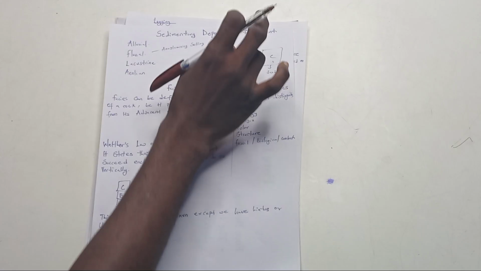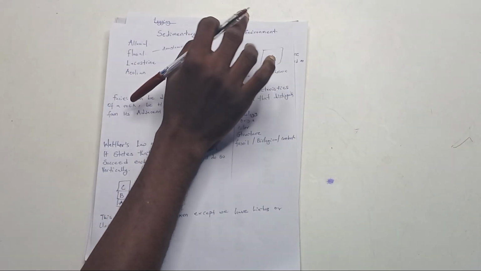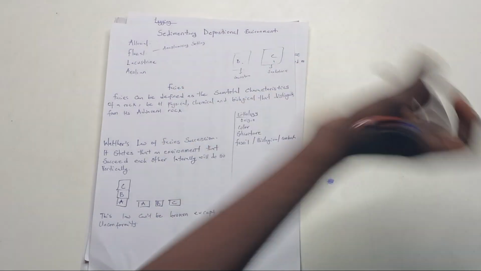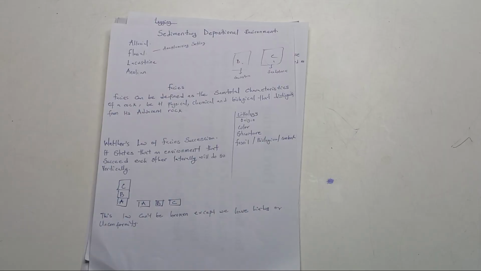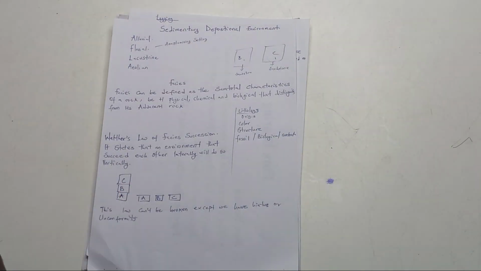A sandstone deposited in an alluvial or fluvial setting differs from a sandstone deposited in the lacustrine setting. Even though they are both sandstone, their facies characteristics are different.